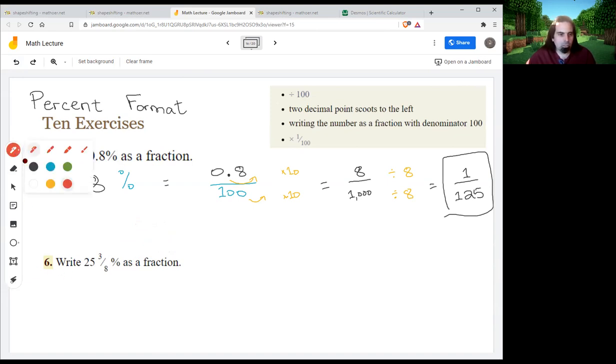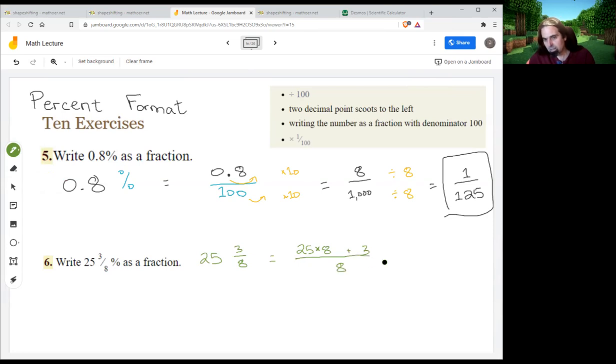Okay, 6. This is completely unrealistic. I have 25 3/8% as a fraction. I'm going to start by turning that into an improper fraction. I will say, by the way, 25 3/8 is going to be 25 times 8, and then plus 3, all over 8.